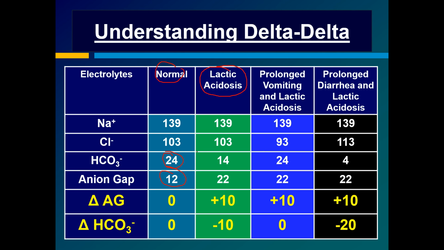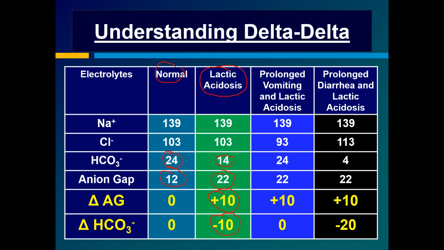And in this particular case, bicarb is 14, which certainly you would immediately identify as abnormal. And when you figure out this particular patient's anion gap, his anion gap is 22, his delta gap is 10, and his delta bicarb is 10.